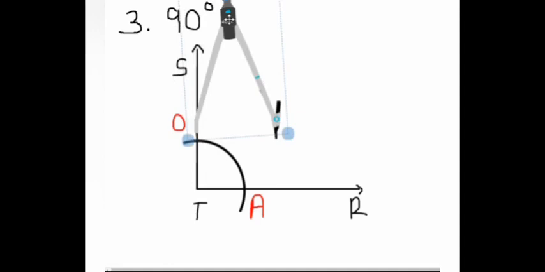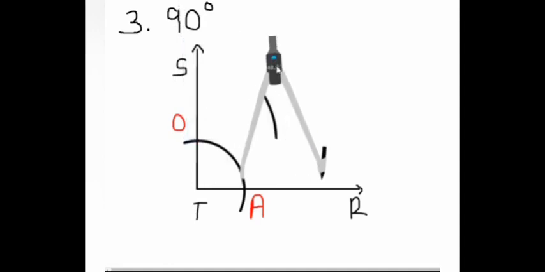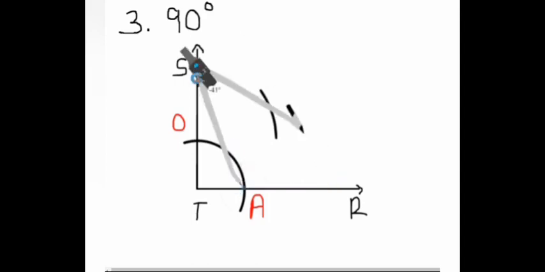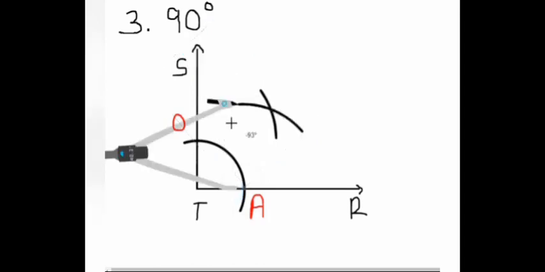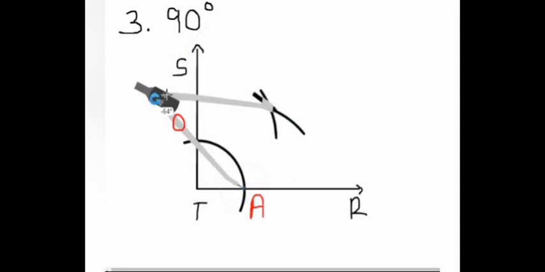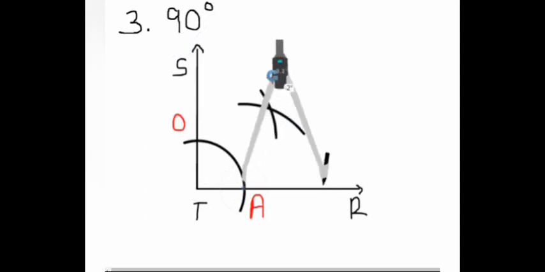Now without changing the distance, I will keep it on A, and now I will draw an arc there. See? I will draw an arc from A. Over. Now my arc work has been completed. So I will keep my compass aside now.